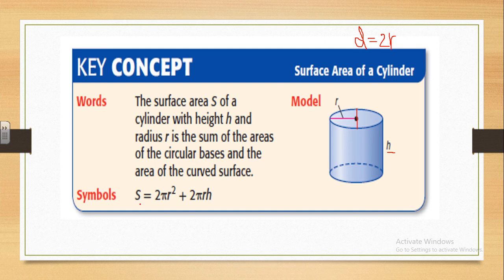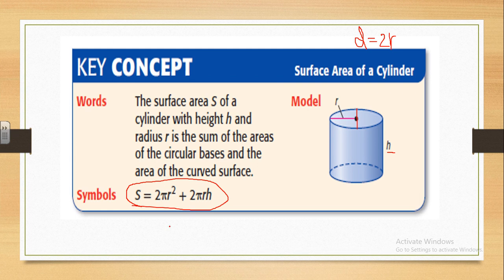First of all, let's see what is the rule of the surface area of a cylinder. It's equal to 2 times pi times r power 2 plus 2 pi r h. So you need to save this rule to solve any question today. The easy thing in our lesson is that we have only one rule to deal with. If you answer 2 or 3 questions, you will see that you already saved the rule, and it's not that hard.